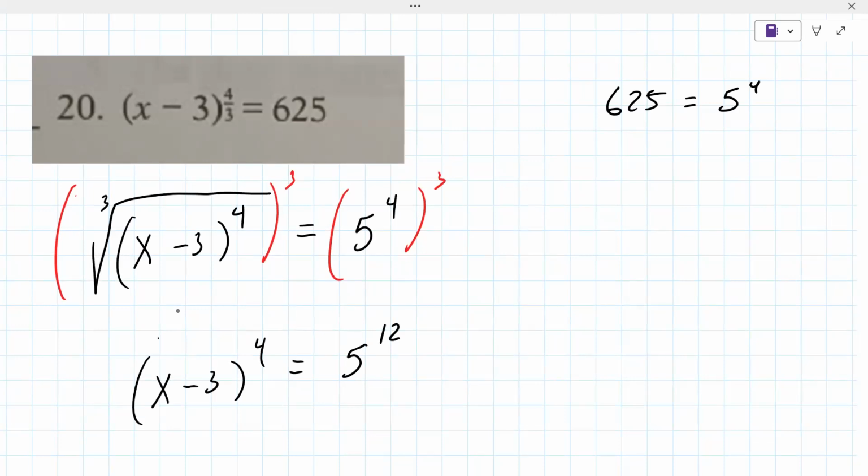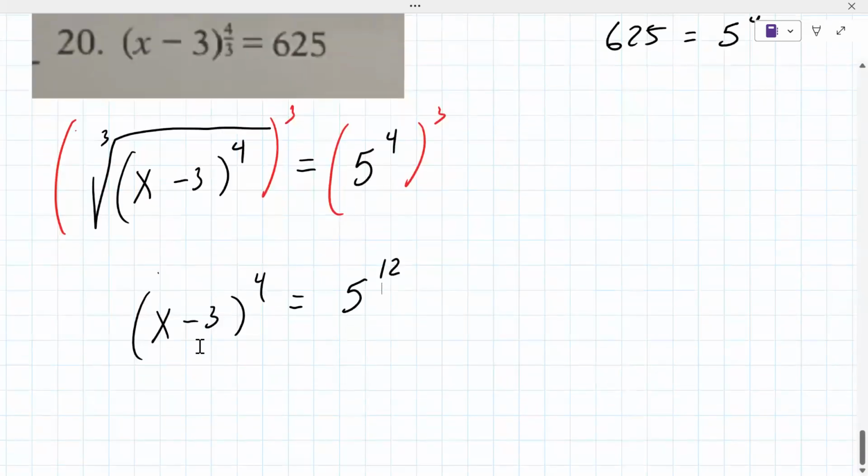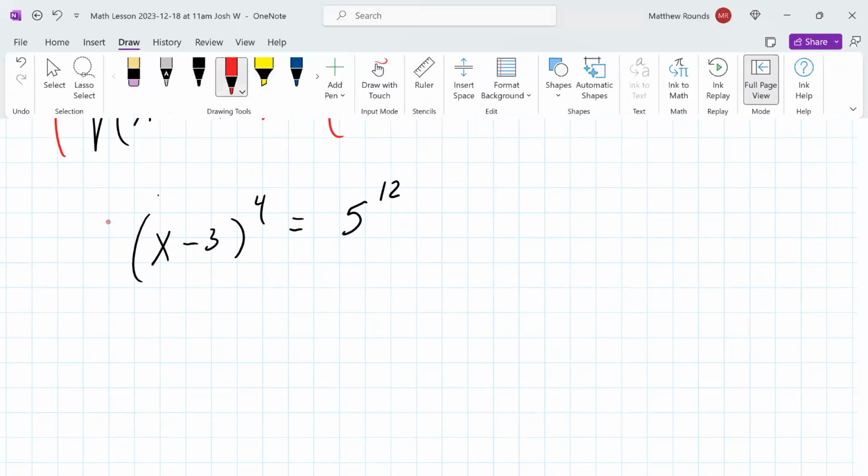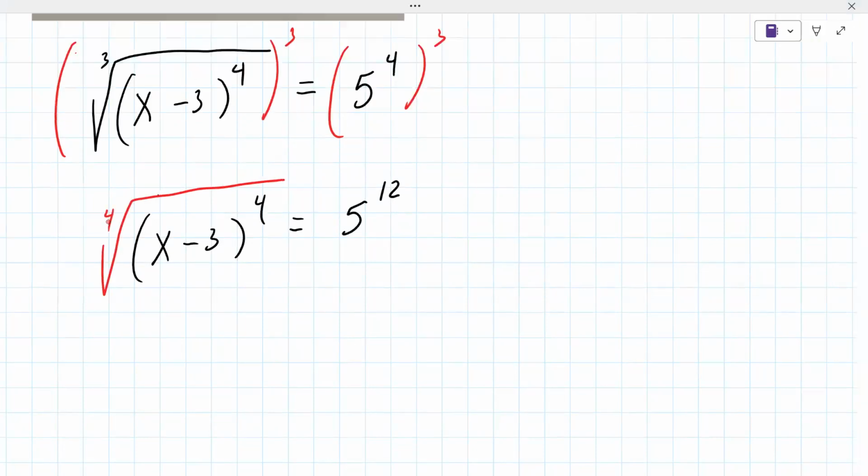Okay. Now, you undo the fourth power with a fourth root, but it's plus or minus.